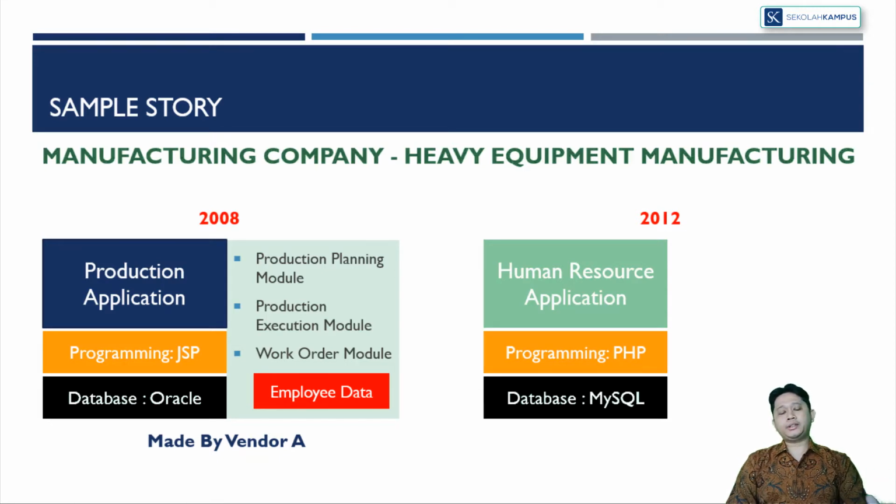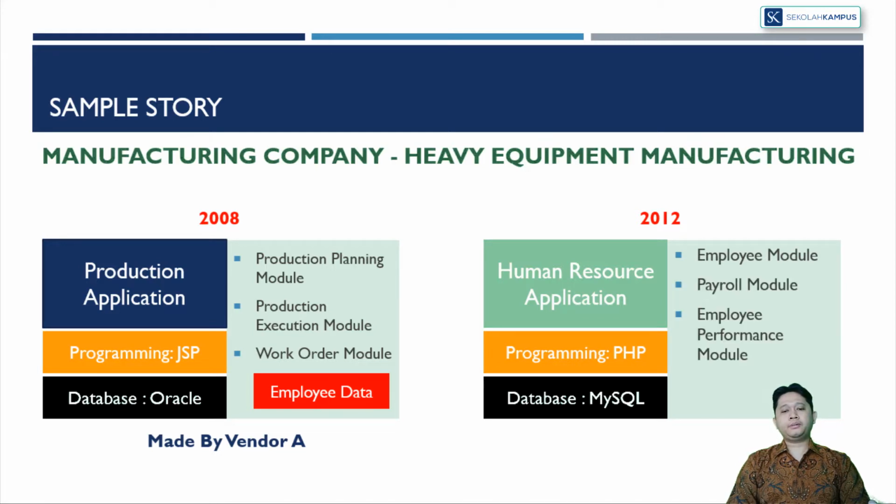This is quite different from the first. Some of its features are the employee module, payroll module, and employee performance module. The second application was also made by a different vendor, which we call vendor B.